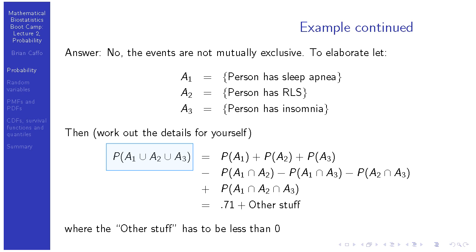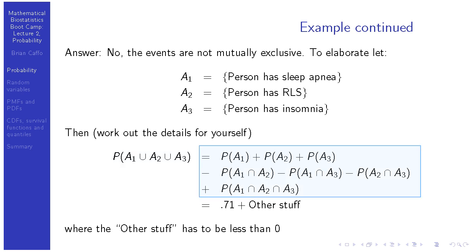Well, that's only equal to the sum of the probabilities when A1, A2, and A3 are mutually exclusive. Otherwise, it's the probability of A1 plus the probability of A2 plus the probability of A3, and we have to subtract out other things. And in this case, I give you the exact equation for relating the probability of the union of three events to the probability of A1, A2, and A3.